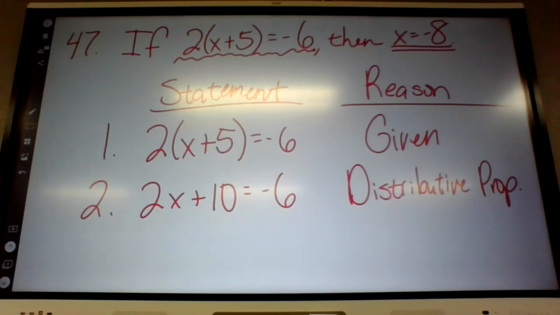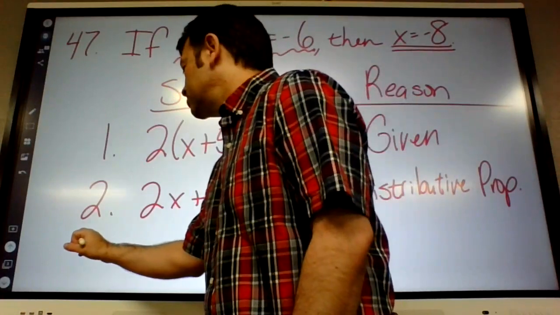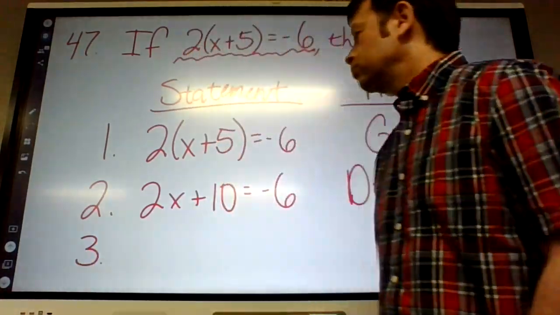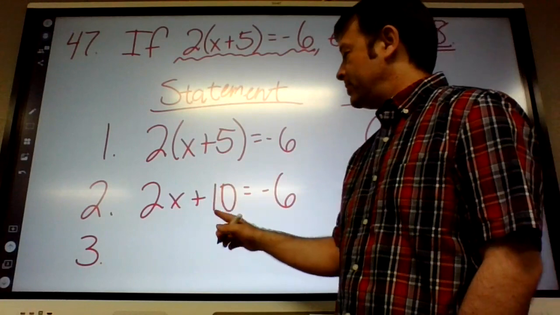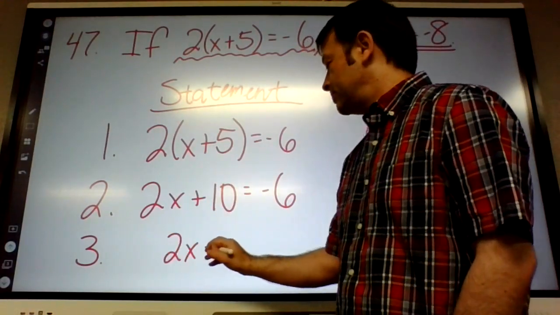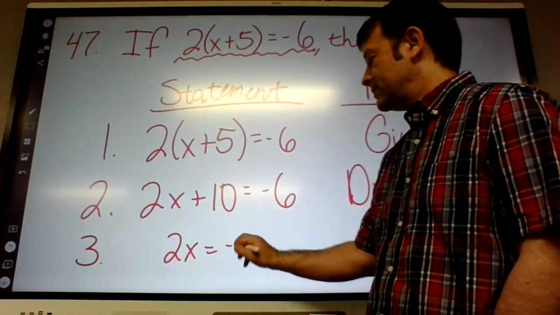Now what would you do? Subtract 10 on both sides, right? So that would go away. You get 2x equals negative 16.